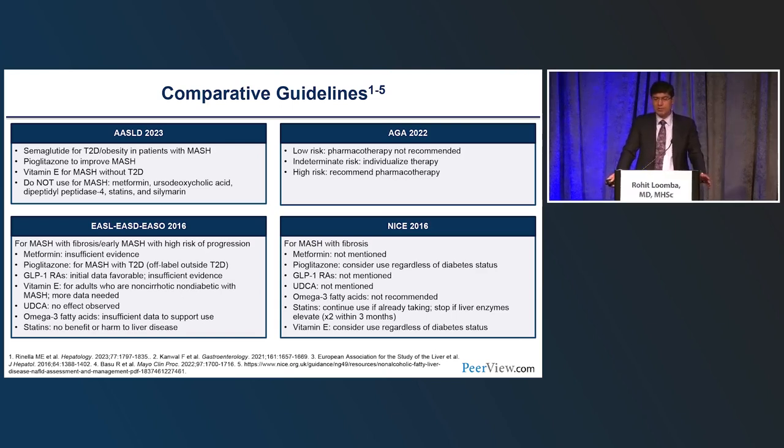I think the most up-to-date currently is the AASLD 2023 practice guidance, where we are considering use of GLP-1 analogs in the setting of obesity and type 2 diabetes in patients who also have MASLD for treatment of type 2 diabetes and obesity-related complications. Semaglutide or GLP-1 analogs are not recommended for treatment of MASH-related fibrosis currently because trials are underway.